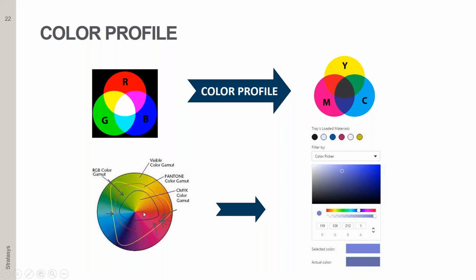We cannot expand the range with cyan, magenta, yellow, and black, but we can try to map colors and, for example, bring them as close as possible, or move the area we can print from here to here. But when we do that, to print something from this area, we cannot print something from the top area here. That is why you need different color profiles.